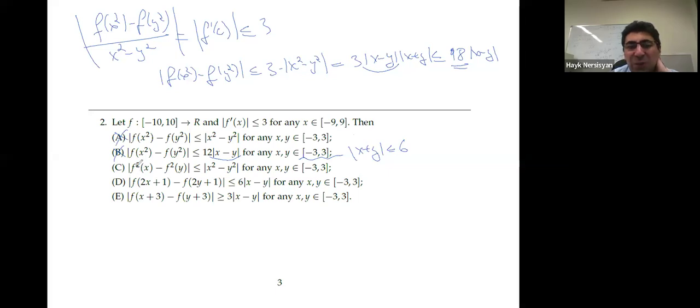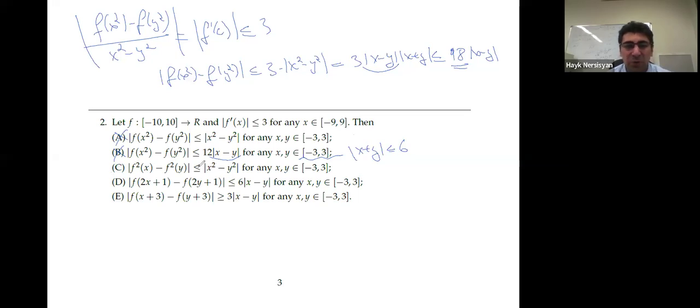For C, we have f squared, and the mean value theorem. We need to get the derivative of f squared. We can postpone this, it seems to be strange.